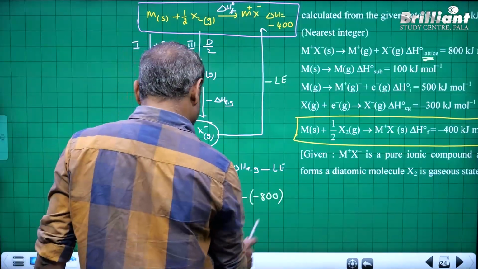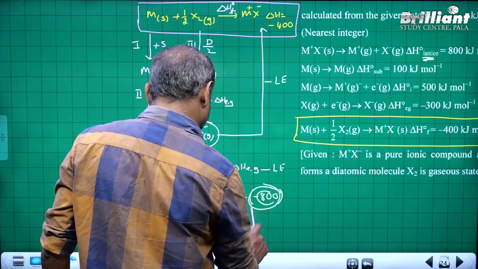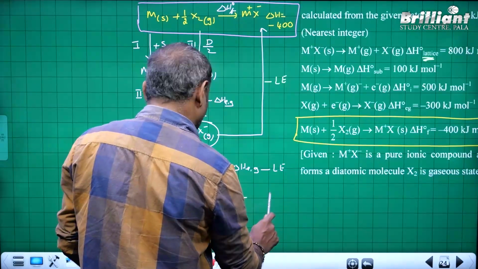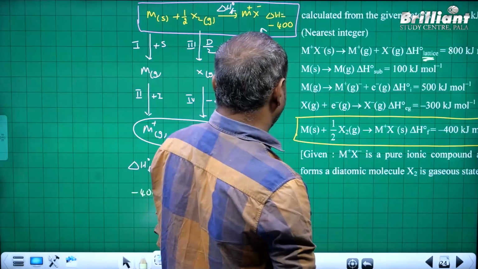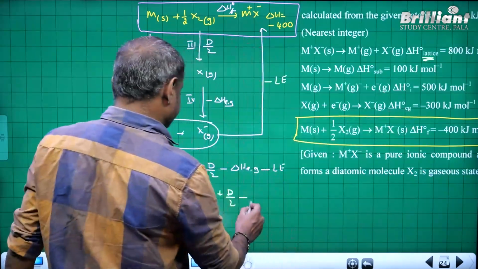Sorry, electron gain first. Electron gain enthalpy value 300.